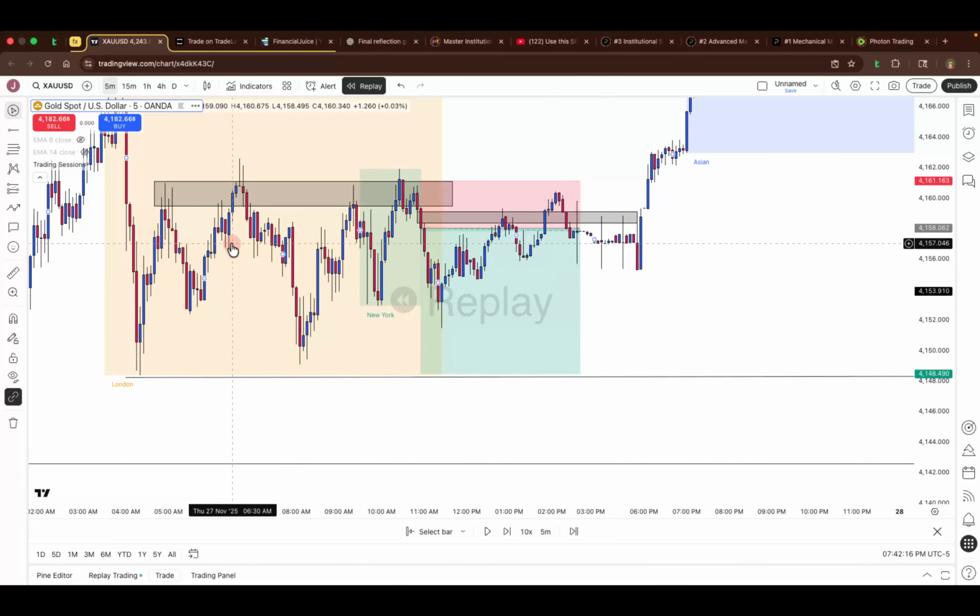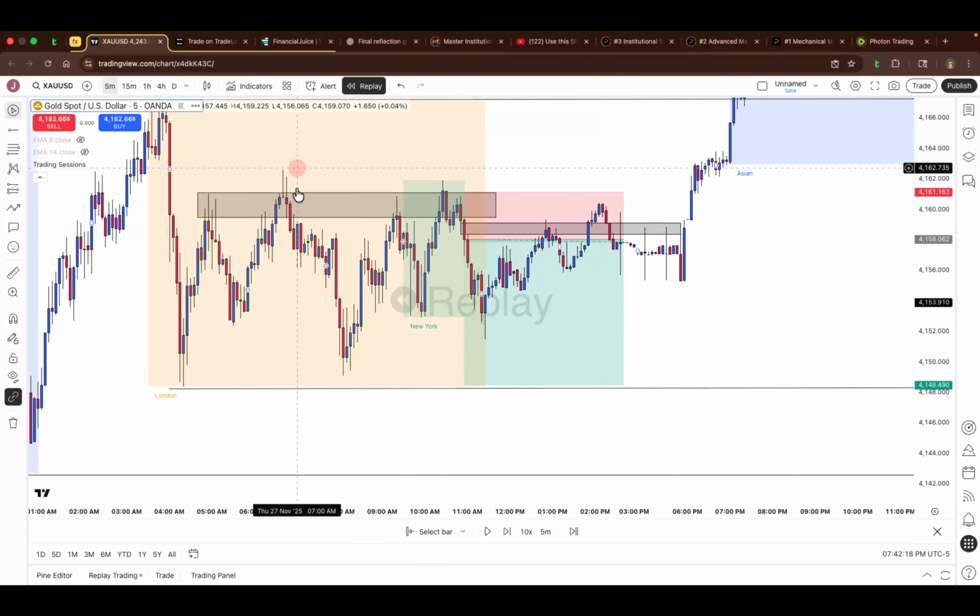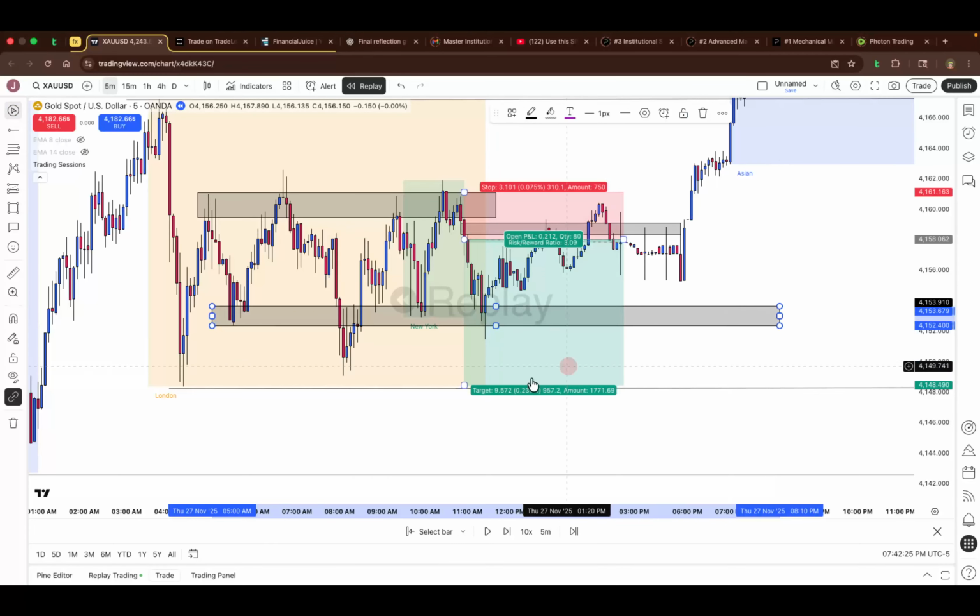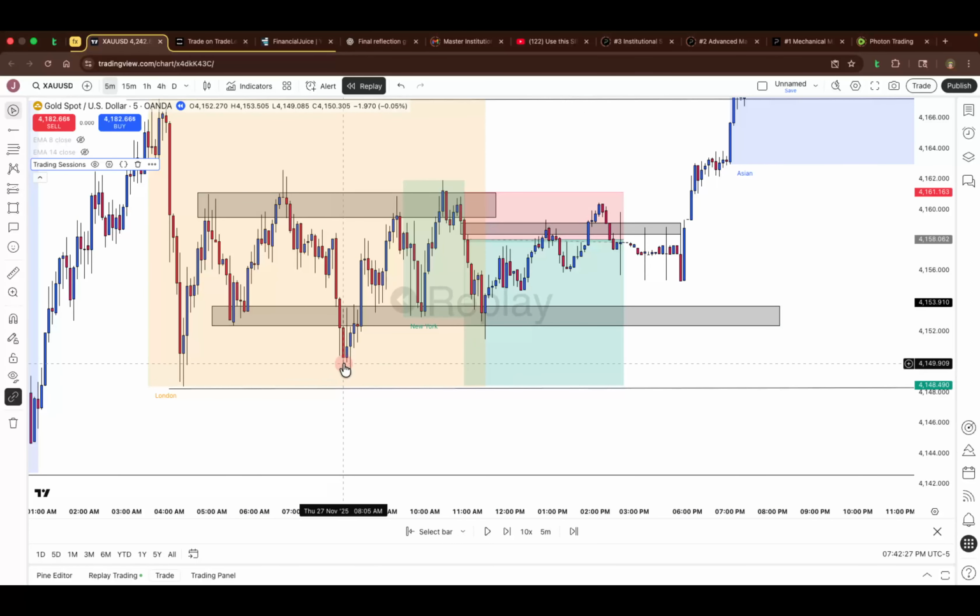What do we see price create? We should be looking for buys. So what do we see price create on the 15-minute or 5-minute? Another liquidity zone. We get this liquidity zone swept, but price continues to create it, and then sweeps it again. But I entered hastily, or however you say that word.